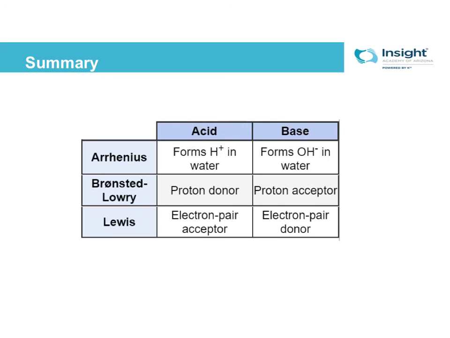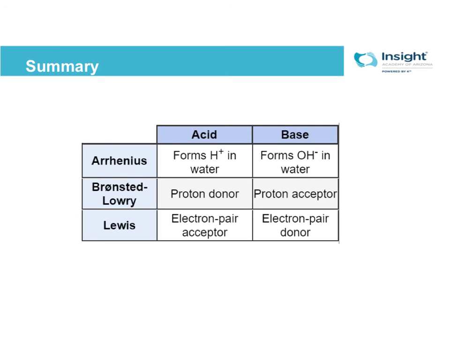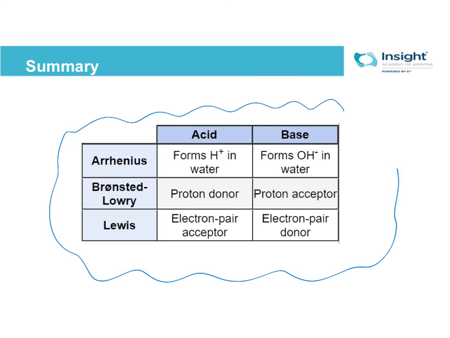Whereas bases go from forming an OH minus, to accepting a proton, to donating an electron pair. This is a good table to screenshot so that you can use it when you run into multiple choice questions like the one you're about to see.